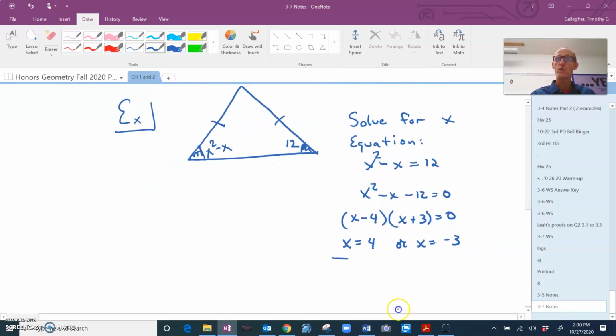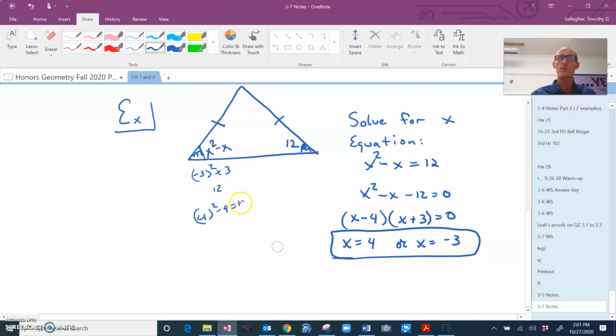Each one of those values can work for x, because negative 3 squared minus negative 3 will be 12, and then 4 squared minus 4 will be 12. So when we have an isosceles triangle with legs equal, the base angles are congruent.